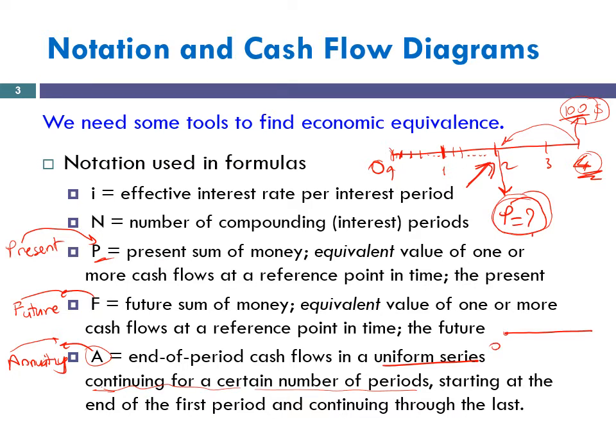So since you borrowed, the amount in your pocket is increased. So we represent it as a positive cash flow. You received this money. Let's say you received $1,000 now. And you are going to pay this $1,000 in 1 year, but at each month you will pay the same amount. So at the end of month 1, you will pay a certain amount.